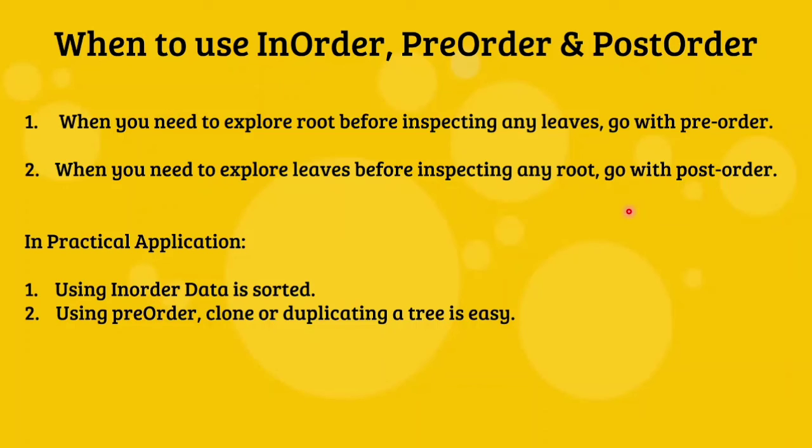Again the same concept, the name suggests post-order, so the root will come last. Firstly left and right will come. In practical applications, using in-order the data is sorted, and using pre-order, cloning or duplicating a tree is very easy. So keeping all these things in mind, we can choose our traversal method.